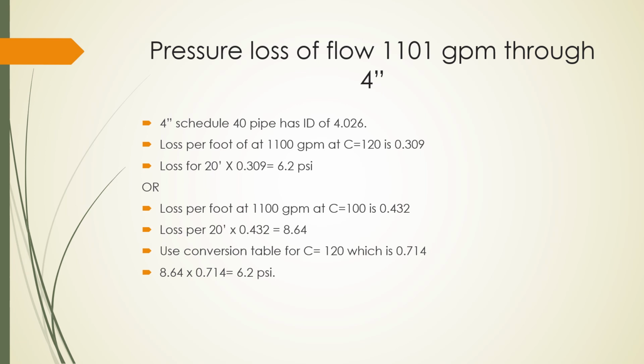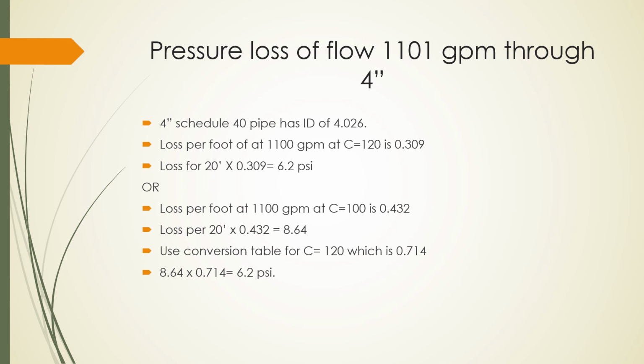Now we could have calculated it otherwise. We could have taken the friction loss the following way. We had 1100 GPM flowing through a C of 100 pipe, which provided a per foot loss of 0.432. And that per foot loss times 20 would be 8.64.